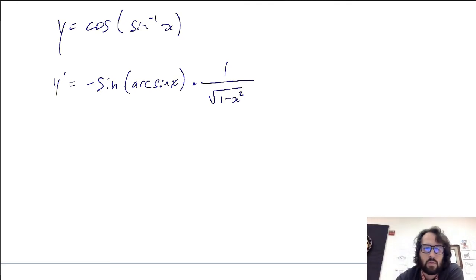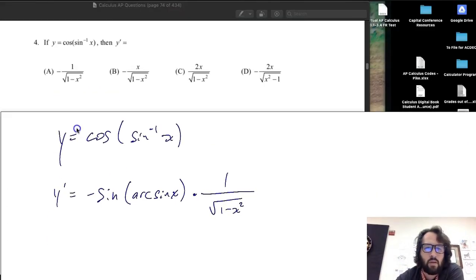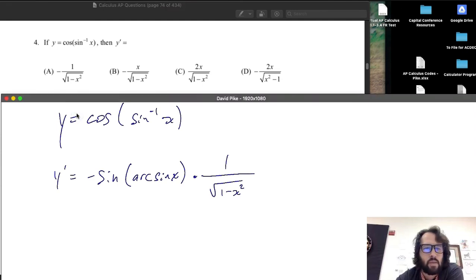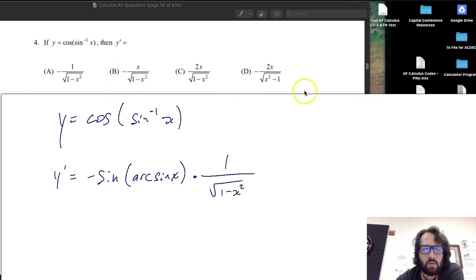All right, so let's see, what are my options? Well, here's the thing. Sine of arc sine, that's pretty cool because then it is just x. So this should just be this option right there.